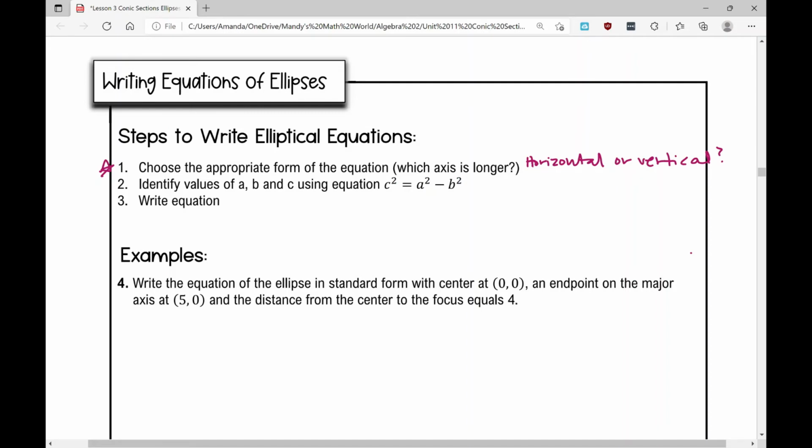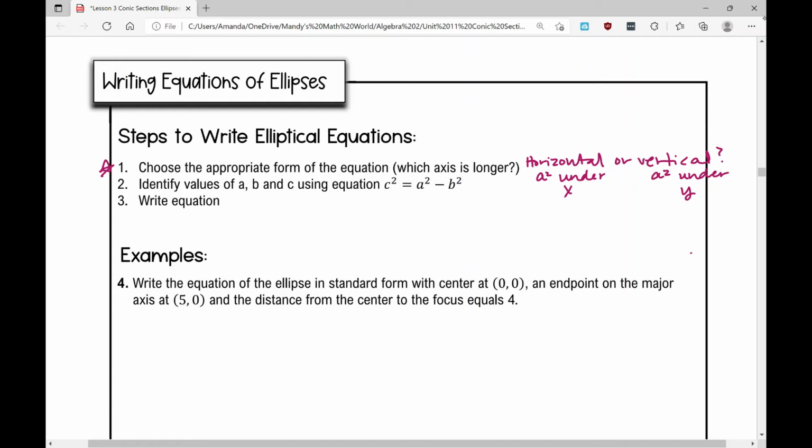So if it's horizontal, the a squared is going to go under the x. So let's write that, a squared under x. And if it's vertical, a squared goes under y. That bigger number is going to go under the y value if that major axis is vertical.